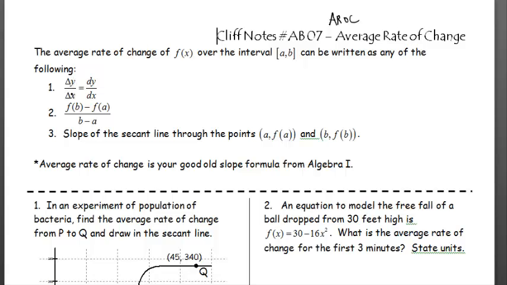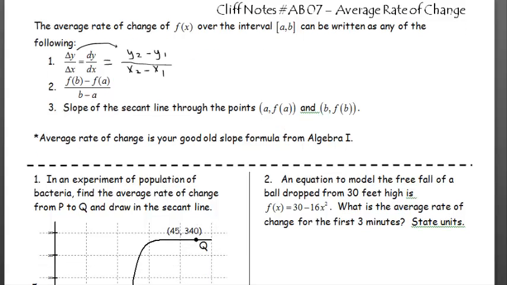You can see the change in y over the change in x is equal to, this notation is really instantaneous rate of change. So the average rate of change is equal to the instantaneous rate of change when we have a linear function. But typically the way you see delta y over delta x is a change in y's over a change in x's. You know it as y2 minus y1 over x2 minus x1. And that's what this video deals with.